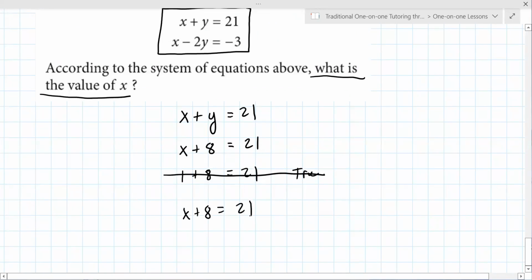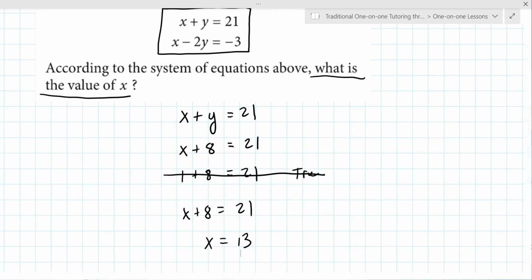You can undo addition by subtraction. That's 13. x is 13. Very good. Yeah, and it's 13. The value of x is 13.